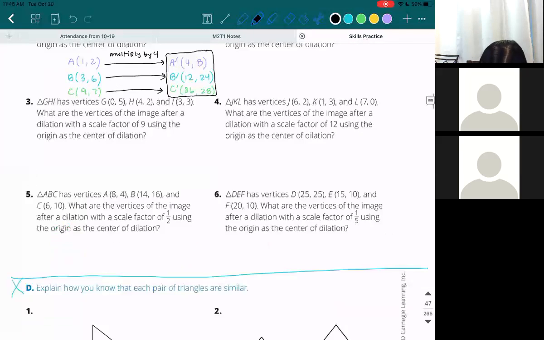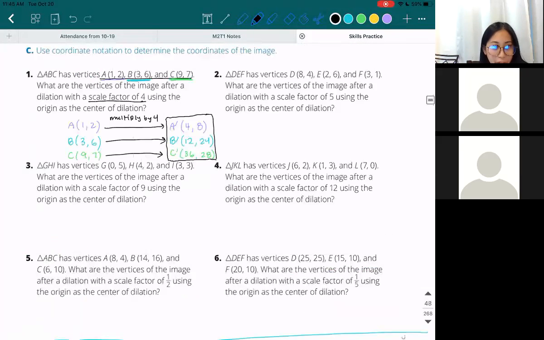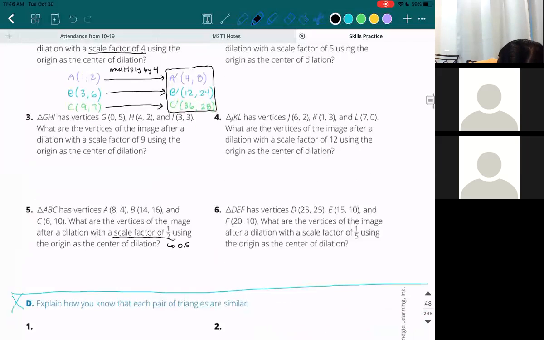Let's do number 5 for this one, for part C. So some of you might hate working with fractions. If that's the case, then you can turn this scale factor of 1/2 into the decimal, like Nancy was saying. So 1/2 is 1 divided by 2, same thing as 0.5. So if it helps you, then you can multiply by 0.5 for everything, okay? I'm just gonna scroll down a little bit to give me more space.